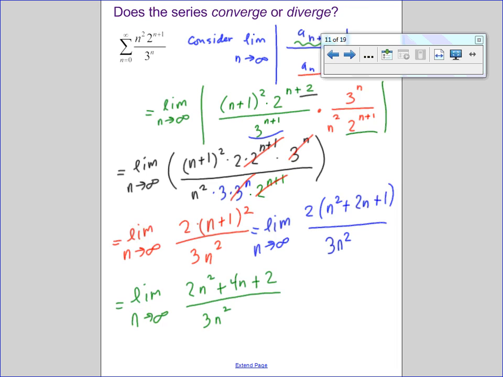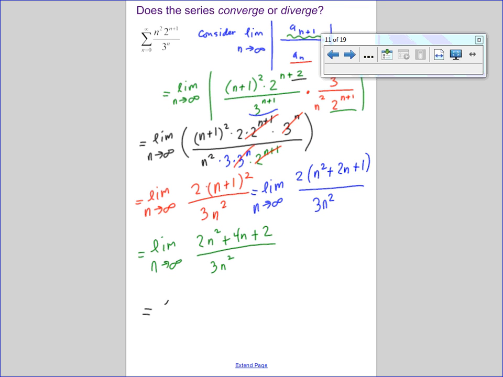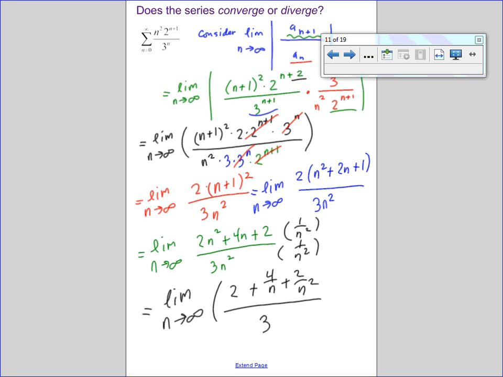And I think we've already shown, in incredible detail, we could divide everything by 1 over n squared, or we could break up the fraction. The result's going to be the same. I'll go ahead and do the 1 over n squared because we've seen that technique. Dividing everything by the greatest power of n that appears. That gives me 2 plus 4 over n plus 2 over n squared all over 3.